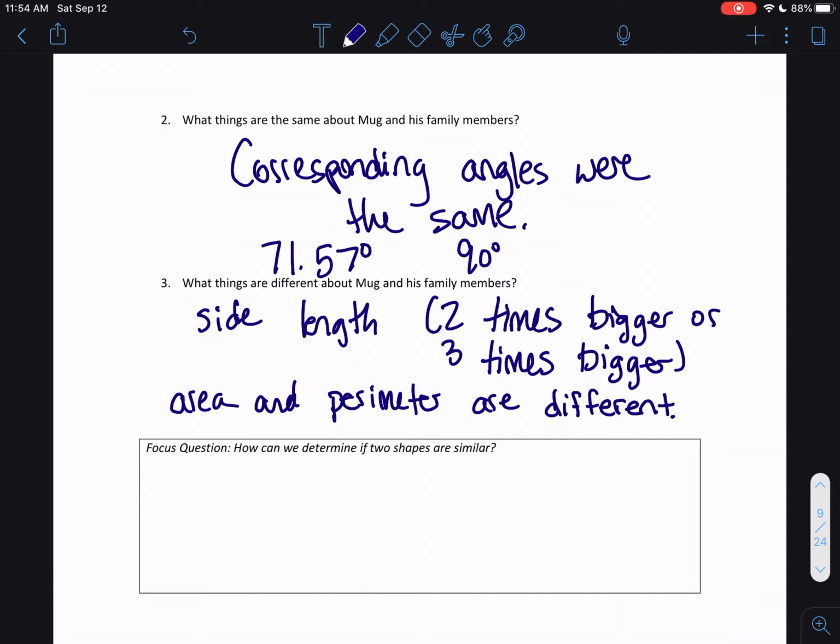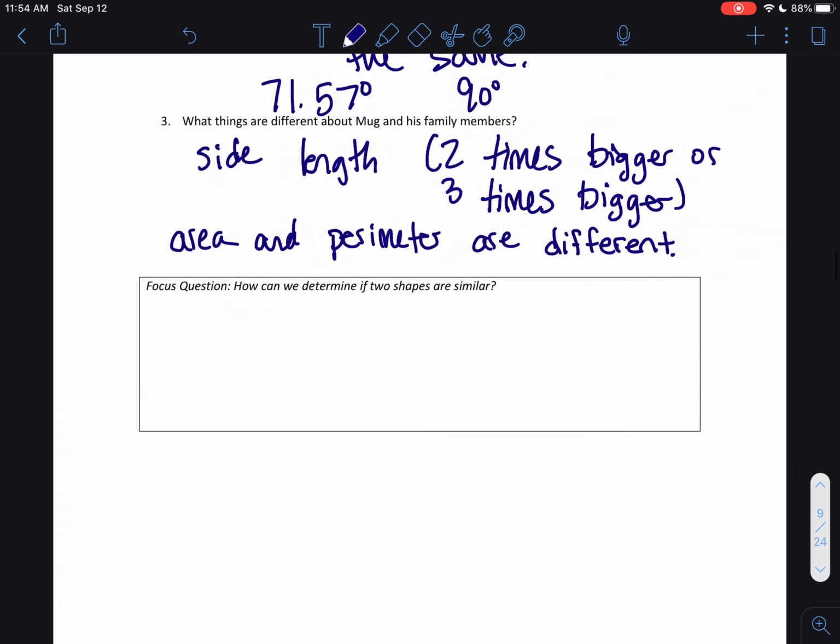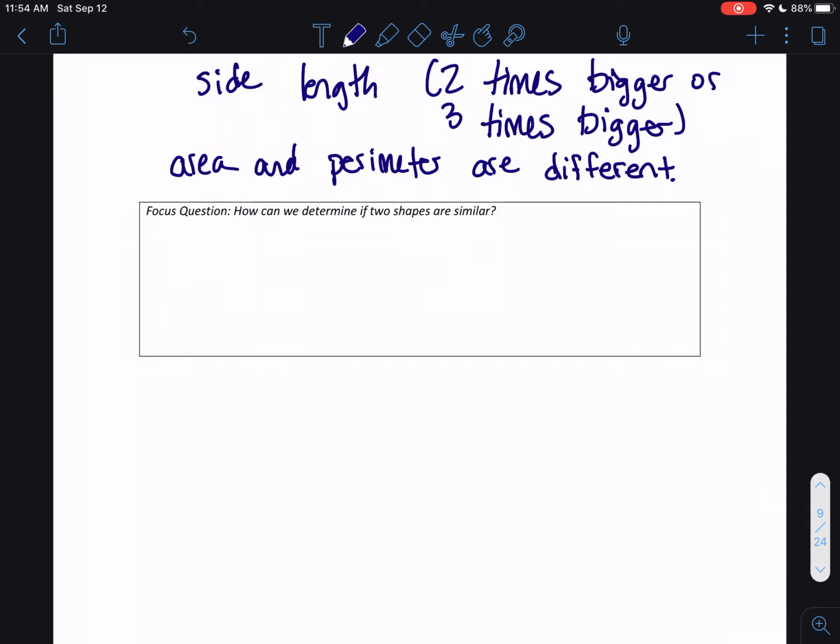Okay, so now our focus: how can we determine if two shapes are similar? You want to ask yourself these 3 questions. So I'm going to write, ask 3 questions.